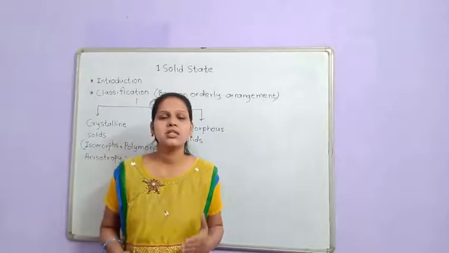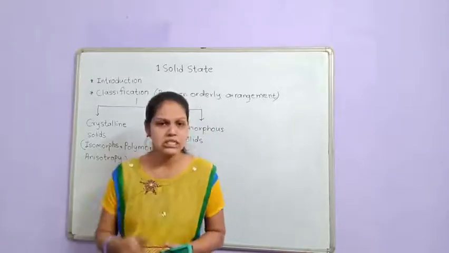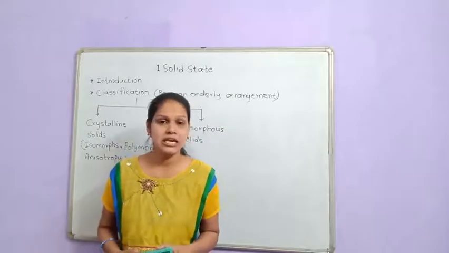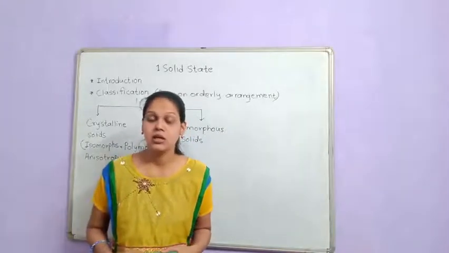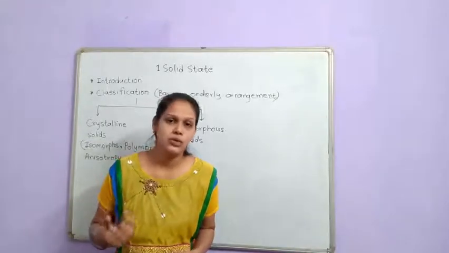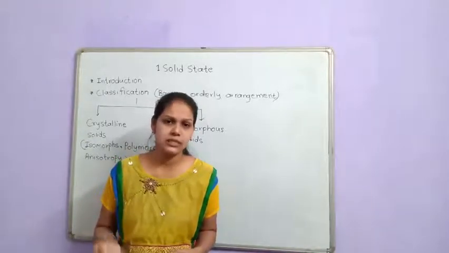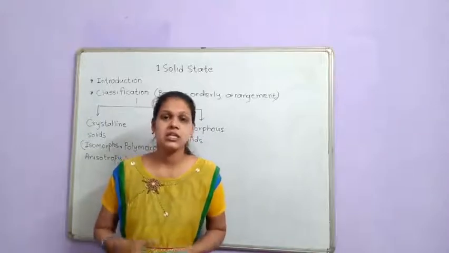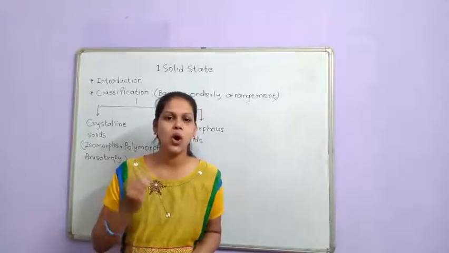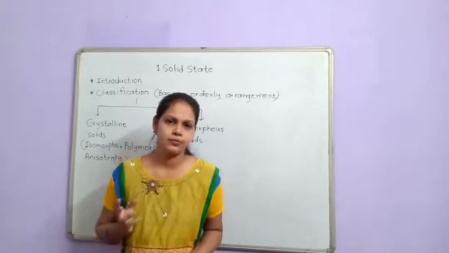Then what are the characteristics of crystalline solids and amorphous solids? The first characteristic is that crystalline solids are made up of unit cells. Generally they are made up of unit cells, and a unit cell is the basic structural repeating unit of any solid.